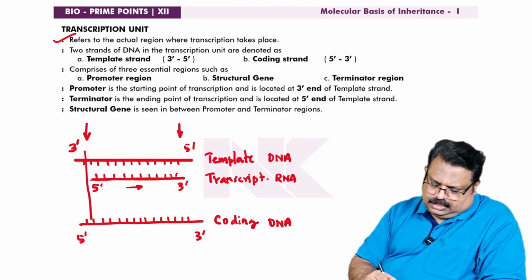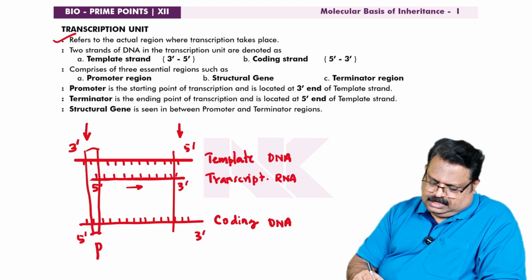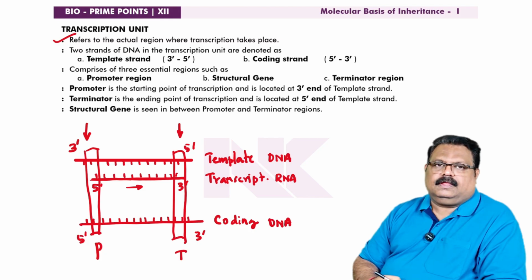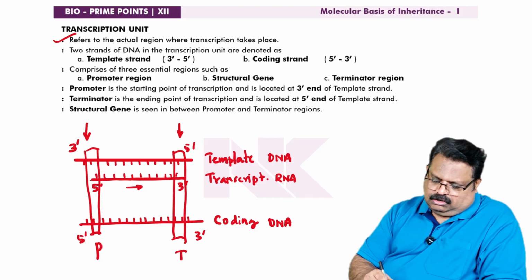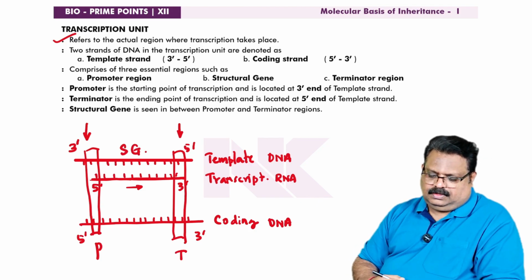The starting region is called the promoter site. This is the promoter region. The ending region is called the terminator site. And the part of the template DNA in between the promoter and terminator is called the structural gene.